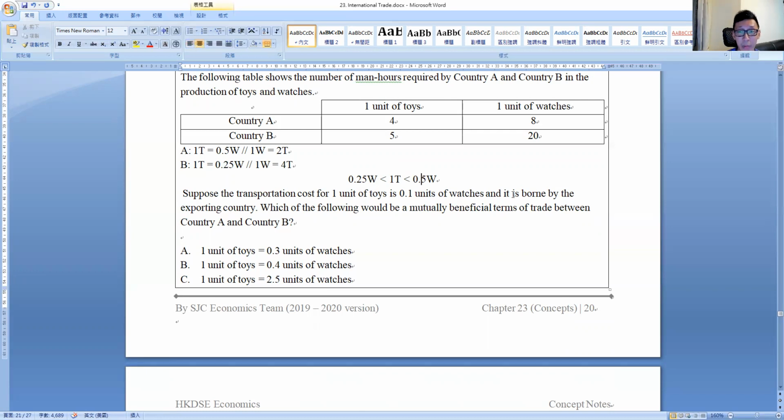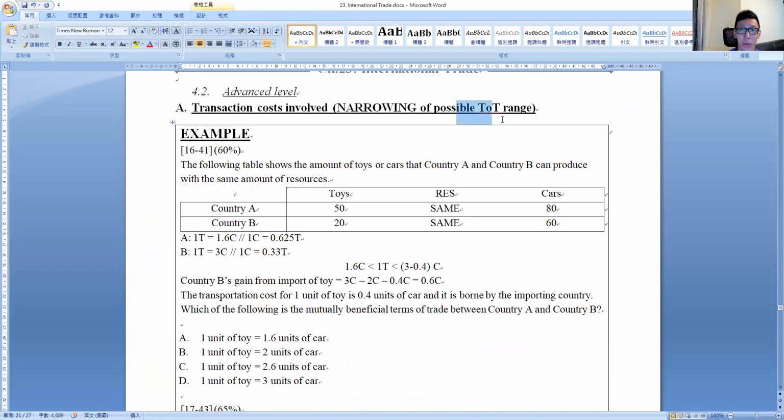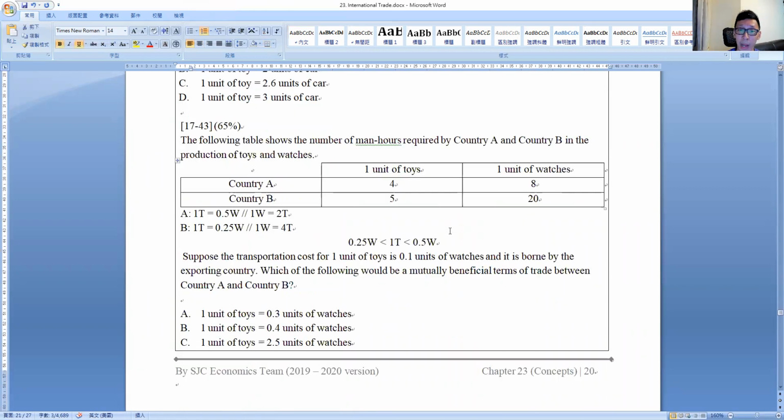We look at the opportunity cost and we know the range should be within 0.25 and 0.5. Now it says we have 1 unit of toy. The cost would be 0.1 watch, and it's borne by the exporting country. Remember, the one with lower opportunity cost would export. Now we need to narrow the terms of trade. 係咪？其實佢賺少咗啊。So how do we narrow it?